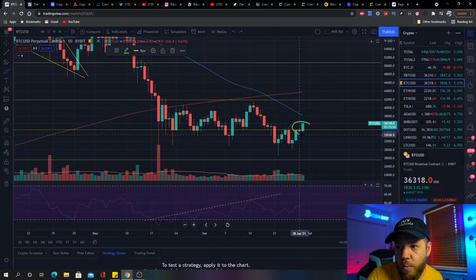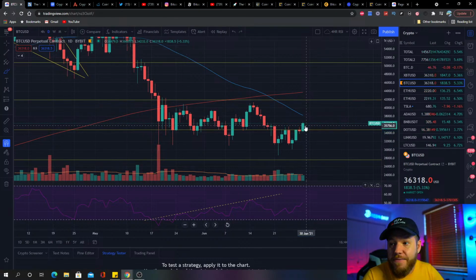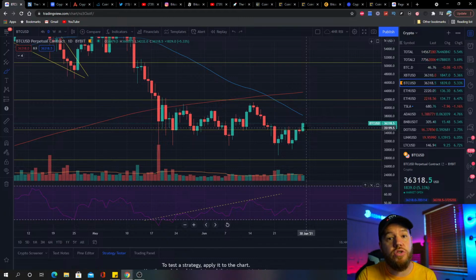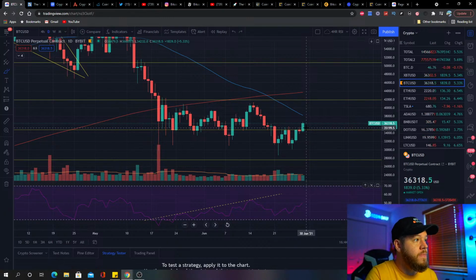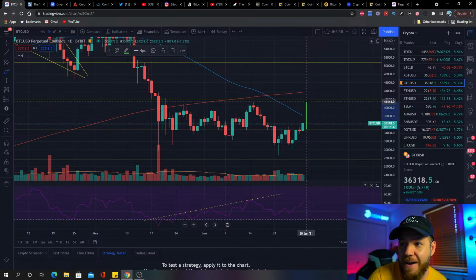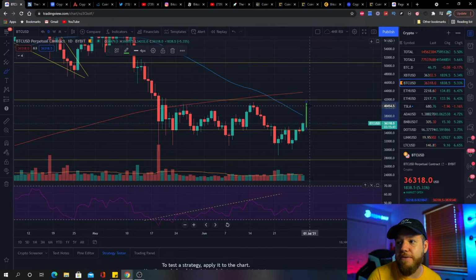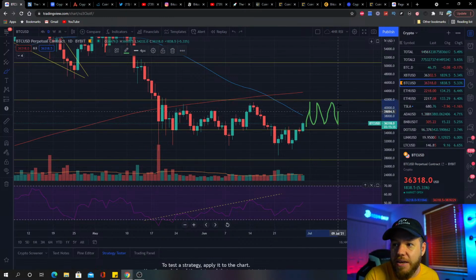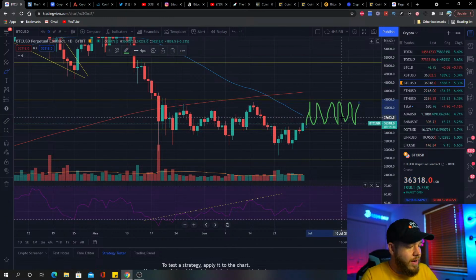But once we get a break above 35, like we just did now, 35K becomes support. So now the bottom of our range is 35. The top of our range is going to be 40 to 42,000. So now we can kind of bounce around like that.